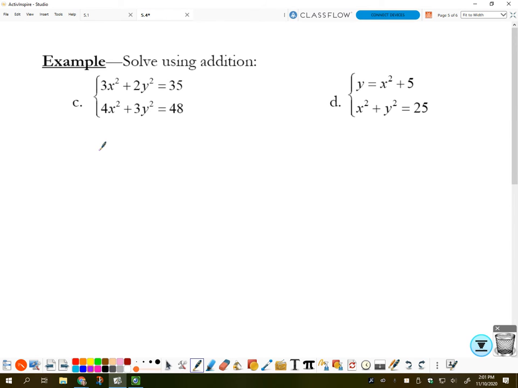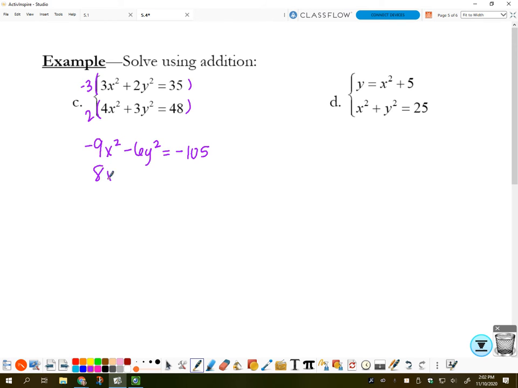So if I multiply, it doesn't really matter. We'll do it otherwise. So let's say we multiply this by -3 and multiply this one by 2. So we're going to have -9x squared minus 6y squared equals -105. I'm not so confident in that number. Okay.